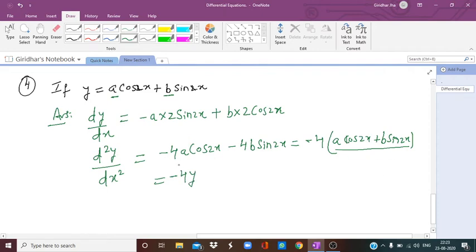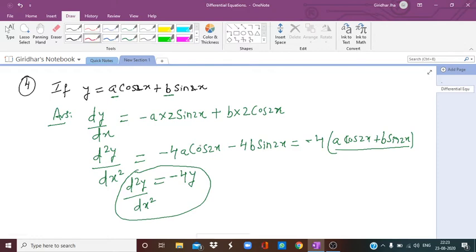Now there is no a and b. Finally d2y by dx square equals minus 4y, and this is our differential equation. Or you can write d2y by dx square plus 4y equals 0. This is our desired differential equation.